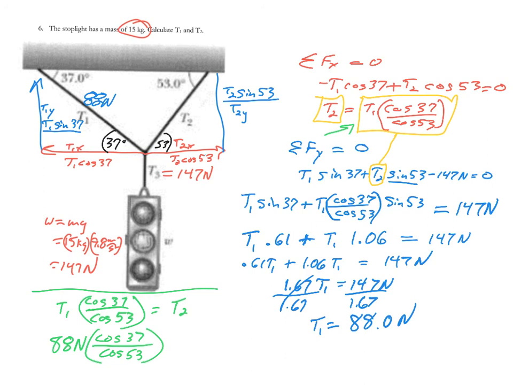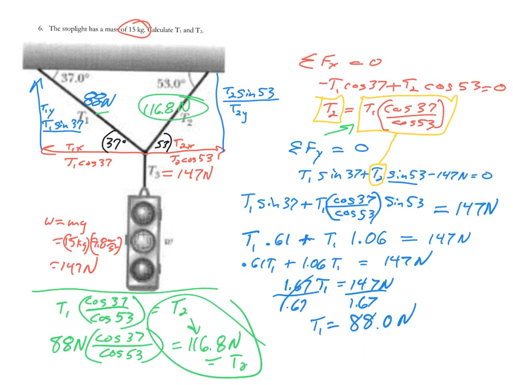So I always do that first. Cosine of 37 divided by the cosine of 53. That number's sitting in my calculator as 1.32. I'm going to multiply that by 88, and I get 116.8 newtons, and that equals T2. And that's up here, 116.8. And we're done. Woo woo, woo woo.